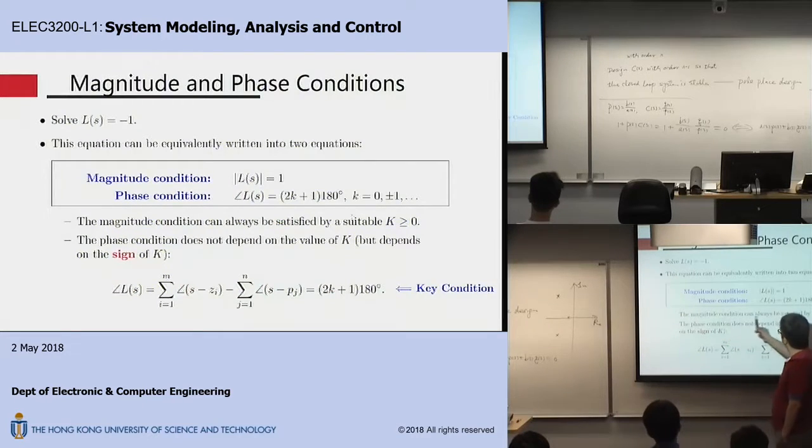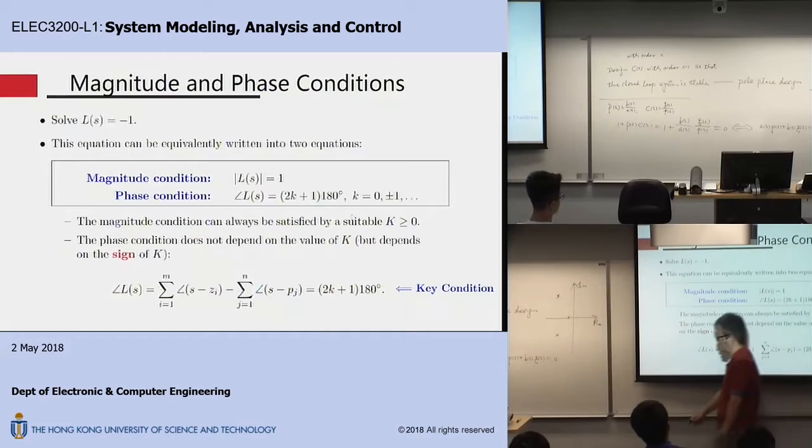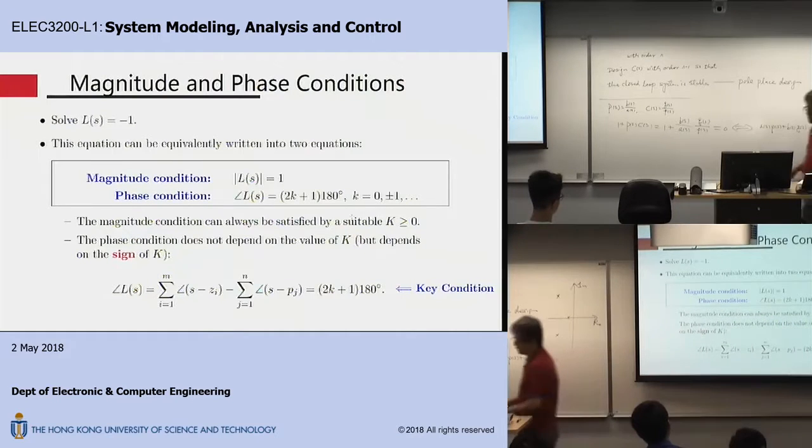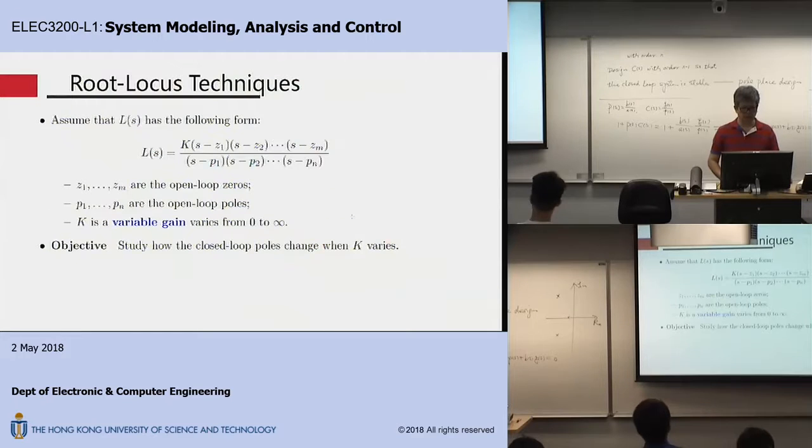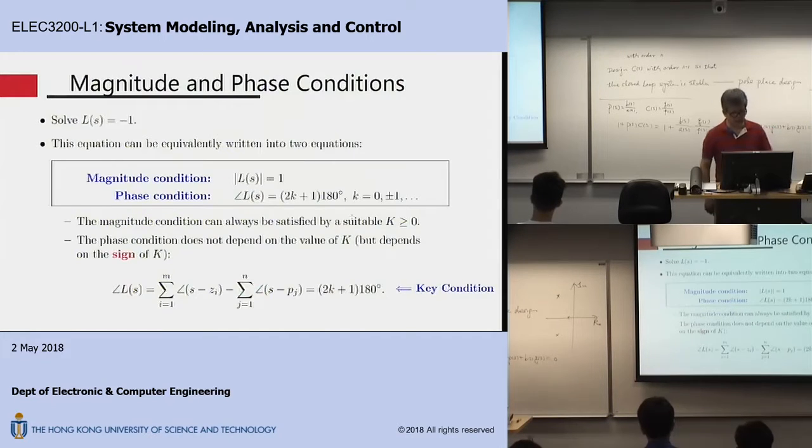The magnitude condition: remember that L has a K in front, K as a gain. I want you to remember this K. L is proportional to K.